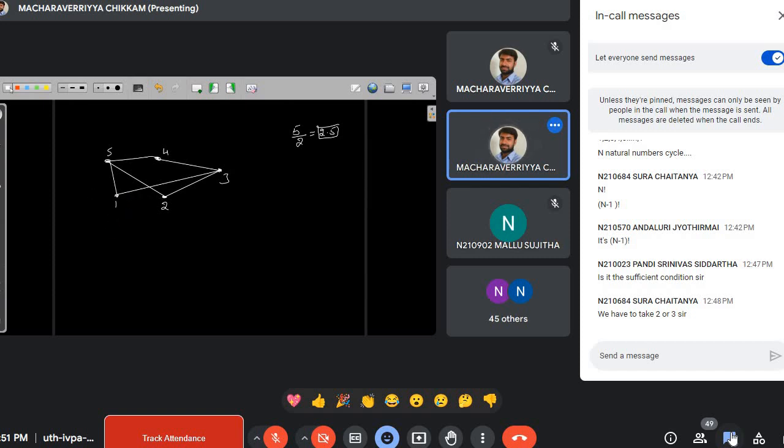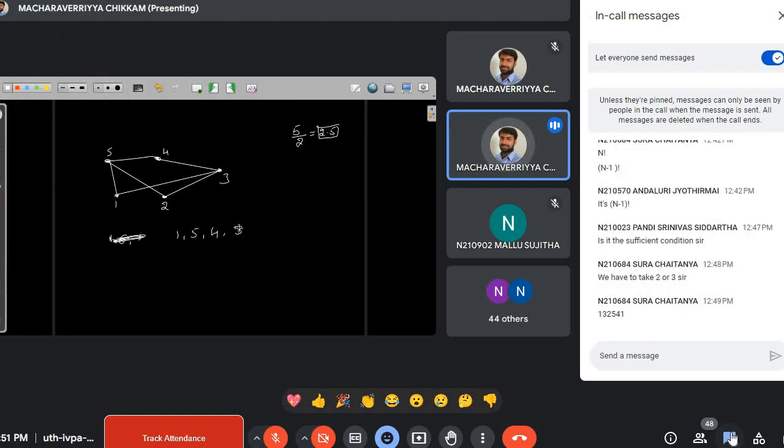Suppose I break it, do we have any Hamilton circuit? I hope we have 1 to 5, 5 to 2, 2 to 3. No, do we have? Let me see. 1, 5. No, right? Because 1, 5, 4, and then if you come to 3, at most you can go to either 2 or 1.